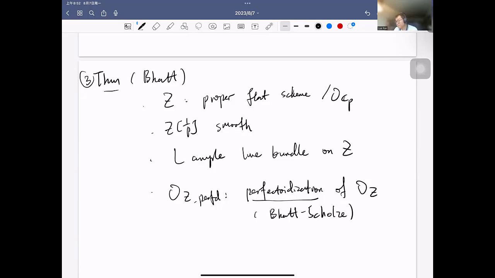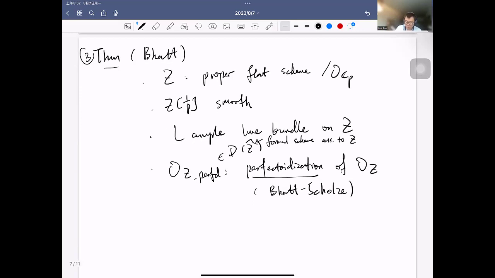So really, in the world of derived categories, this is the formal scheme, the p-adic completion of Z, the formal scheme associated to Z. And with this setup, then you have almost Kodaira vanishing.